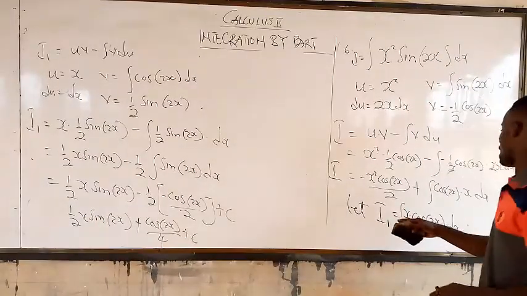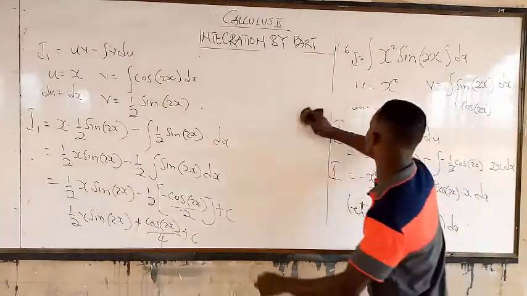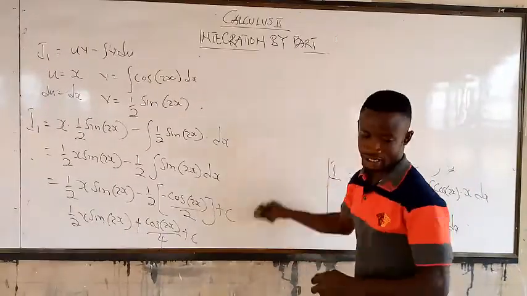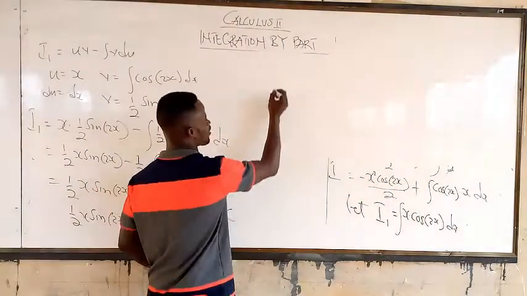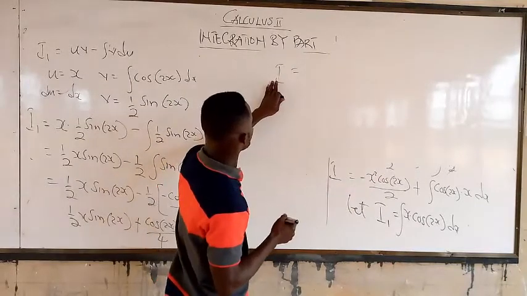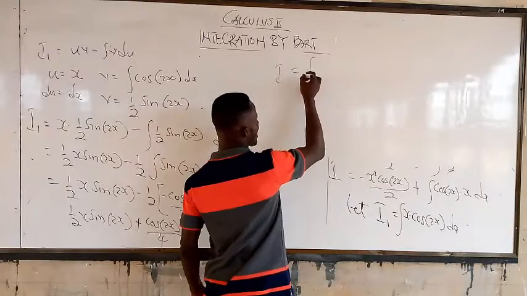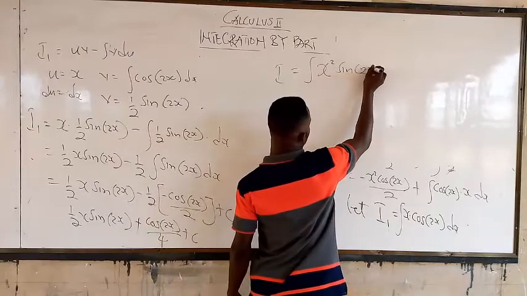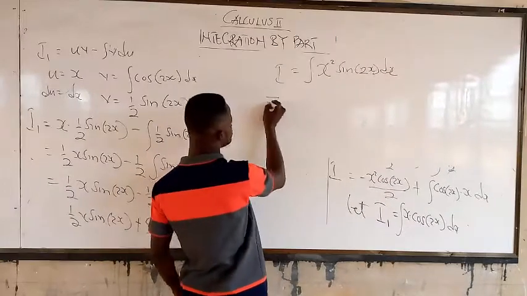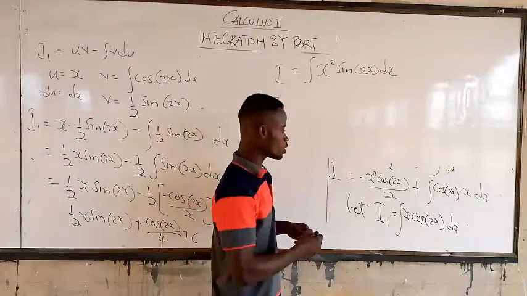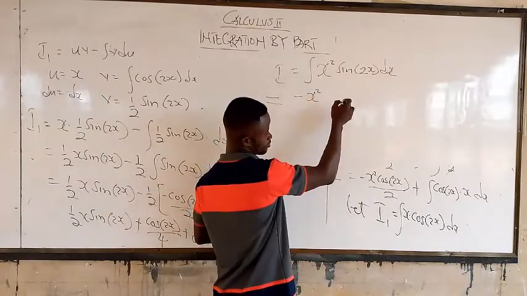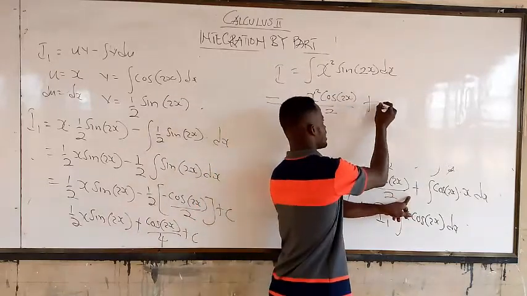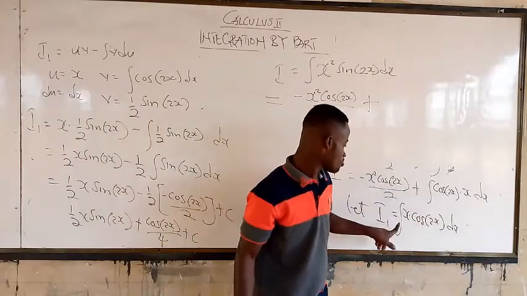Finally, our answer is going to be, never forgetting that the I is the integral of the original version, s squared sine 2s ds, is going to be equal to, and this is the I, so let's write negative s squared cos 2s over 2 plus I1.